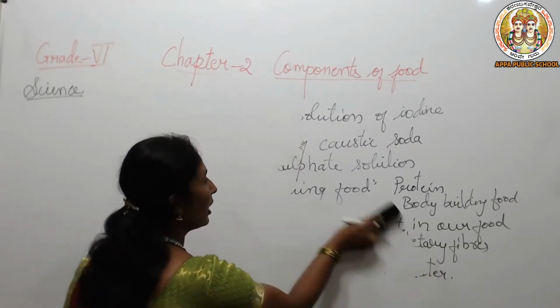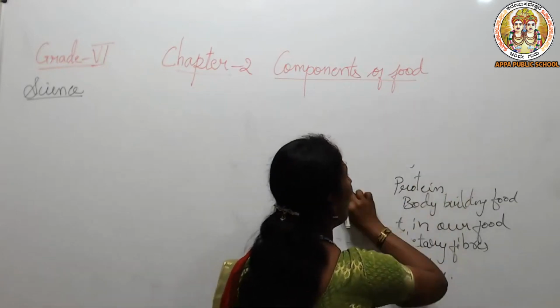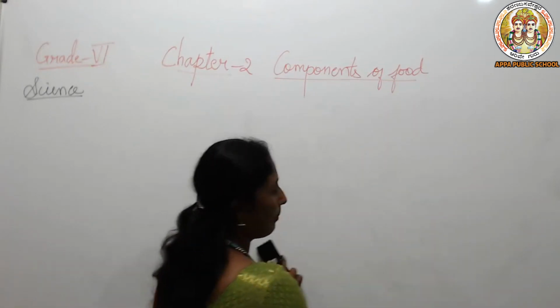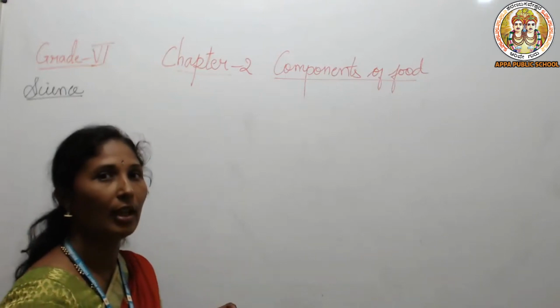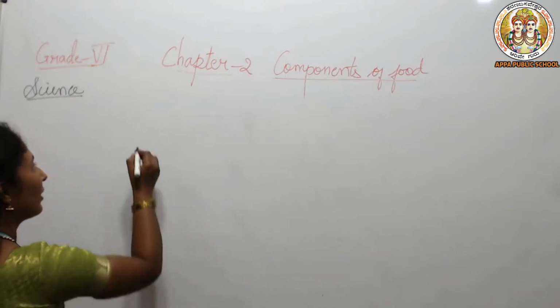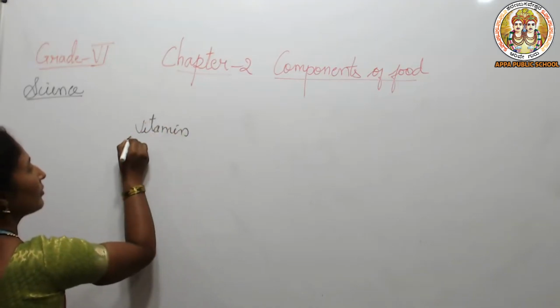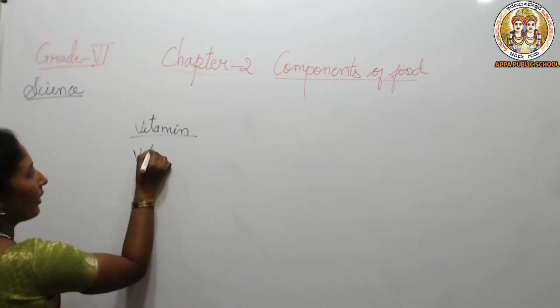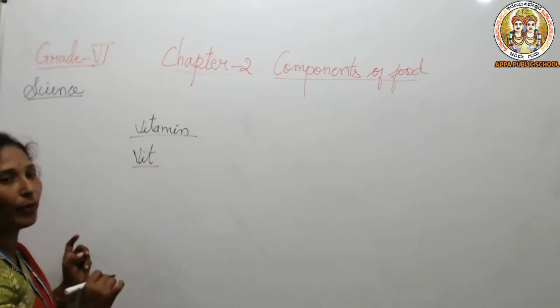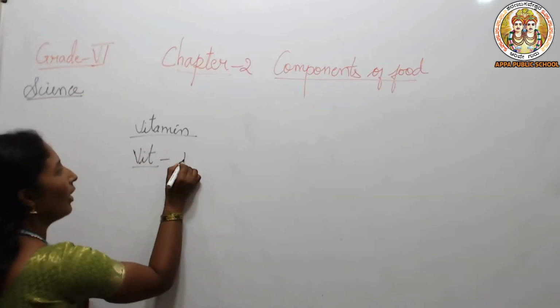Vitamins. Different kinds of vitamins are present in different foods. We can write the short form VIT for vitamin.